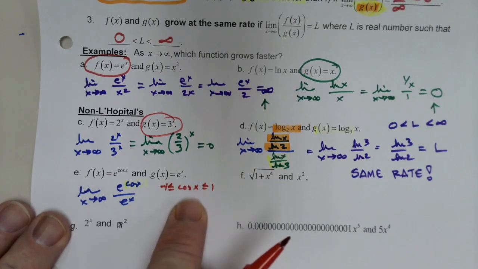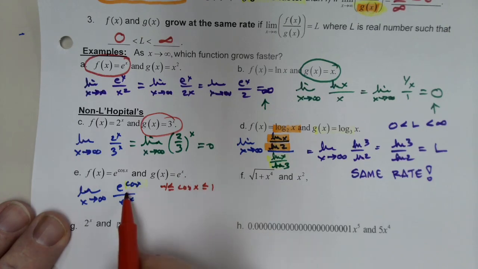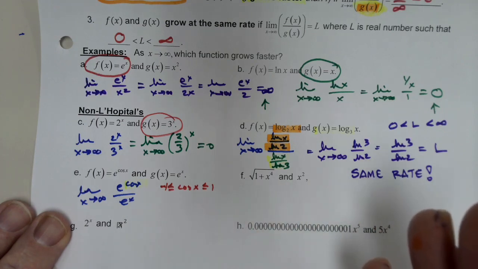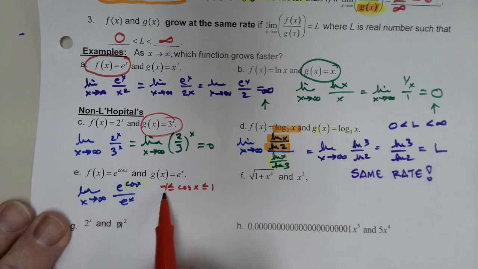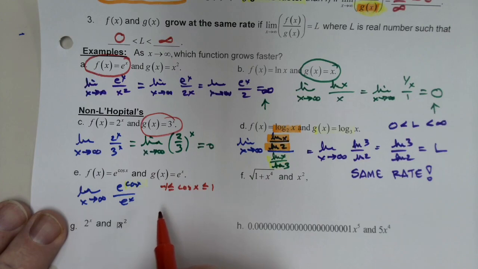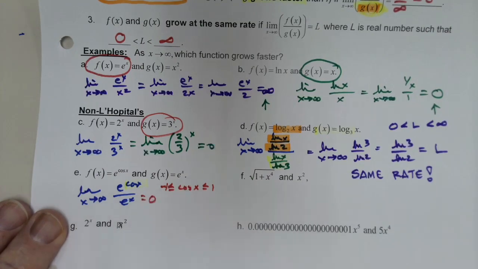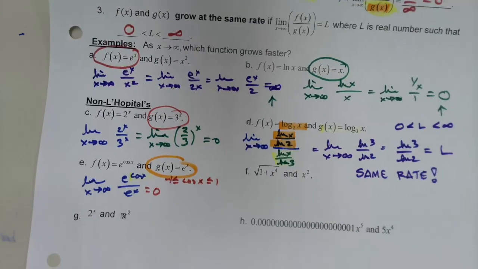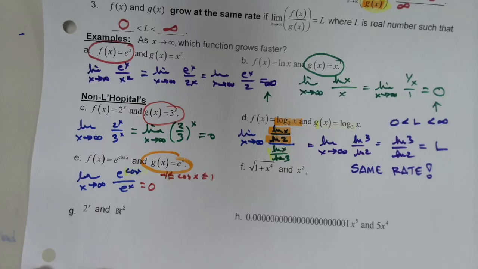So it doesn't matter how big x gets. The most it's going to be is e to the first power, a little bit more than 2.7, or e to the negative first power. Remember, that's just going to be a little bit more than 0.1. And e to the x, well, as that goes to infinity, this is going to go really, really big. So this is going to go to 0, which means this guy is the fastest growing of the two. Let's take a look at our next one.